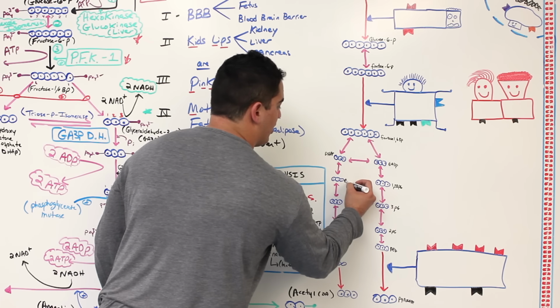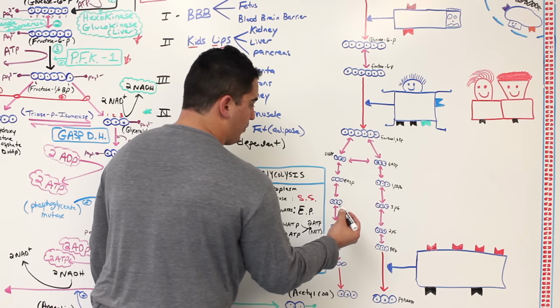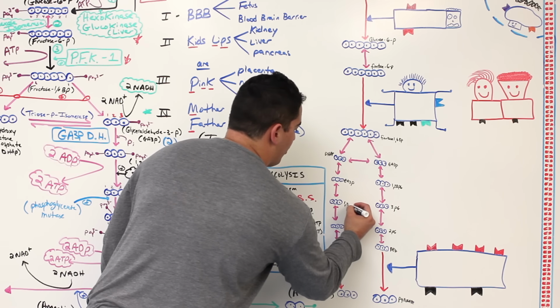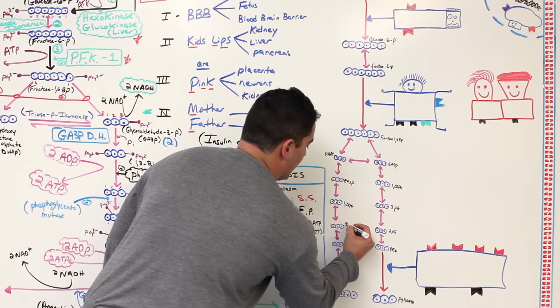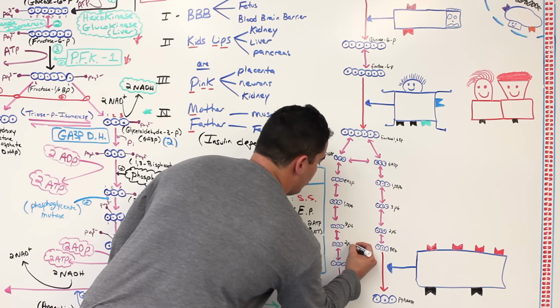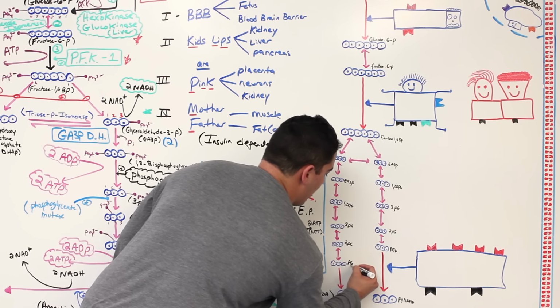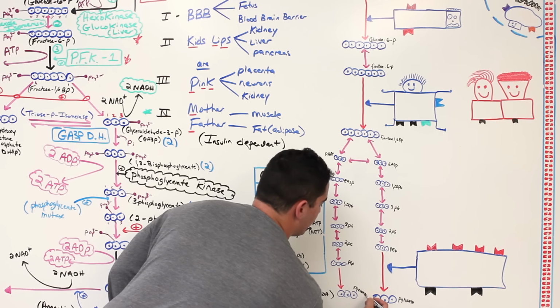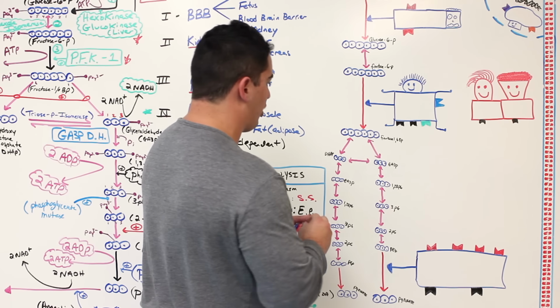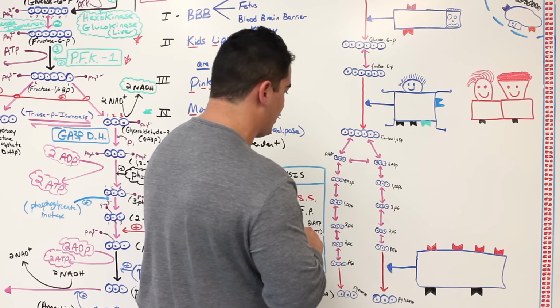It has to first be converted into glyceraldehyde 3-phosphate, then 1,3-BPG, then 3-phosphoglycerate, 2-phosphoglycerate, PEP, and then eventually pyruvate.